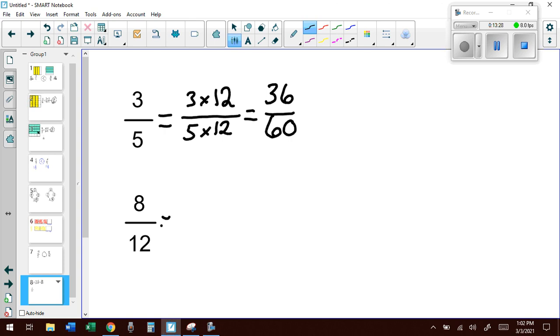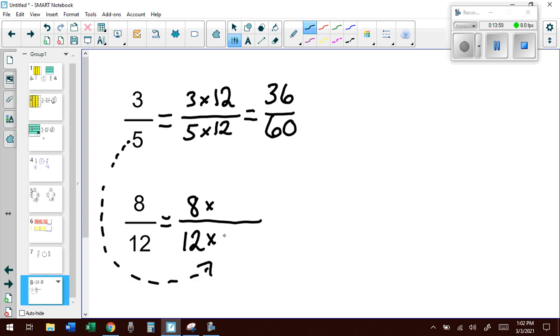Down here, I would need to find an equivalent fraction to 8/12 using the denominator. So I need to find a denominator, a multiple of 12 that is also a multiple of 5. We're going to use that skill. Our brain's always looking for an easy way. This is the safest pattern. To find this, I'm going to multiply by the opposite denominator.